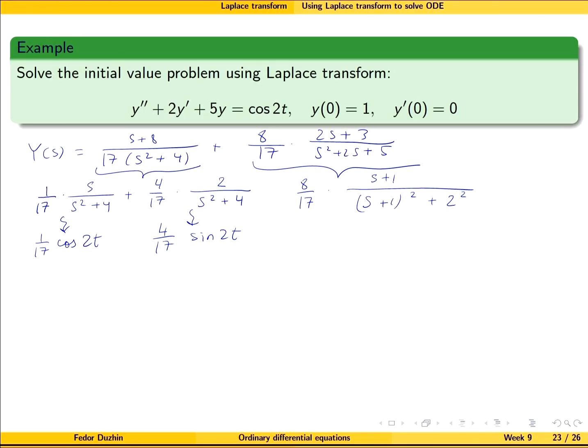So I'm going to write s plus 1 first. In order for this whole thing to be consistent, I must multiply by 2. So then I'm going to have 2s plus 2, and the original expression has 2s plus 3, so I'm going to write plus 1.